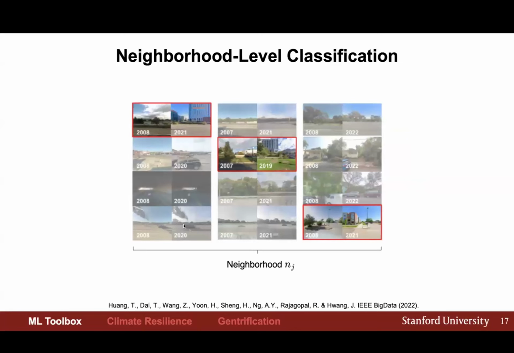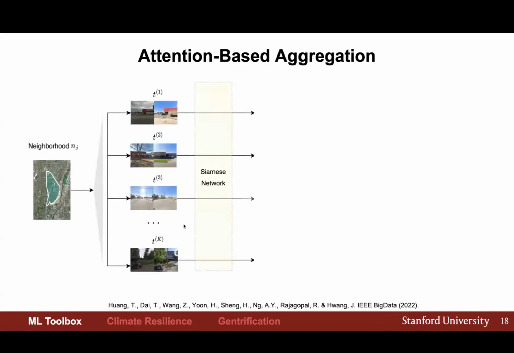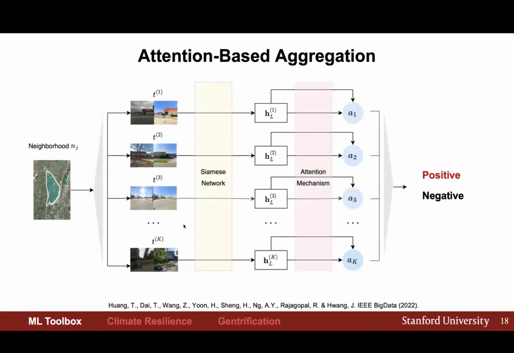The second step is, once we have this building level observation, what kind of insights can we have at the neighborhood level? Sometimes we need to identify some vulnerable neighborhoods where they have some significant change or they don't have enough upgrades or improvements. For this neighborhood level, we propose the attention-based aggregation.